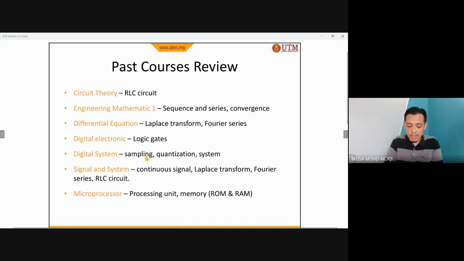Digital system, there's sampling, very, very important, because we are learning about digital signal processing, which is digital. When we do digital, the first thing is supposed to be the sampling. Actually you have learned what is sampling, what is quantization, what is a digital system.